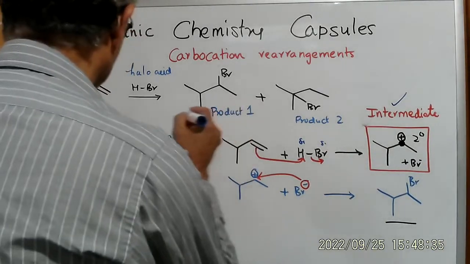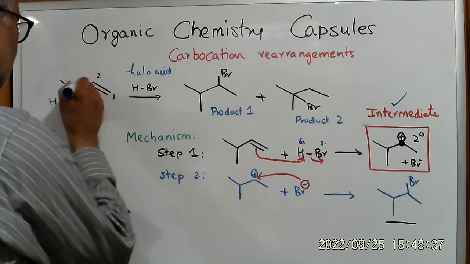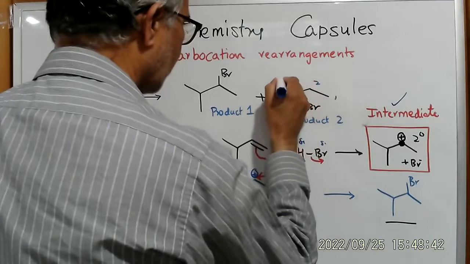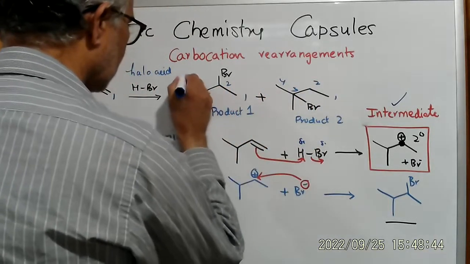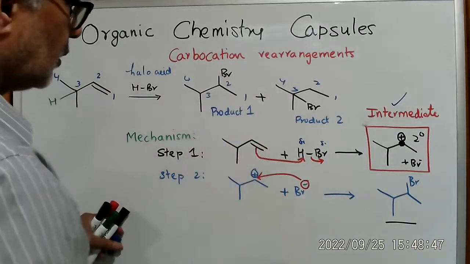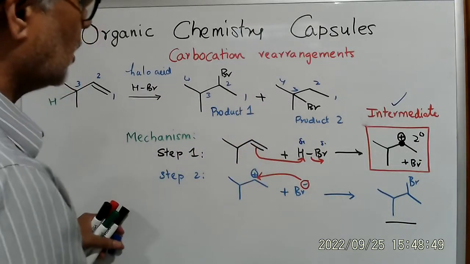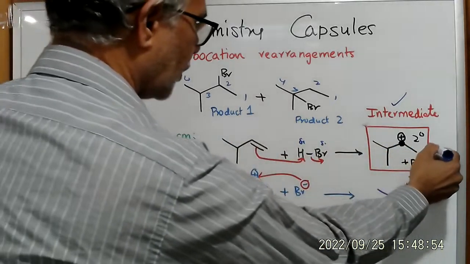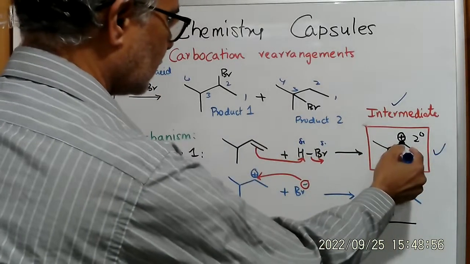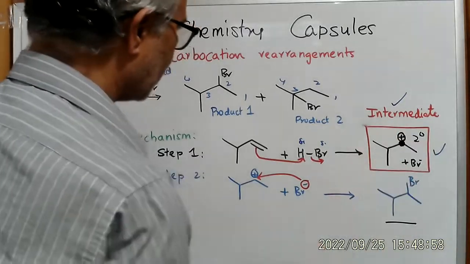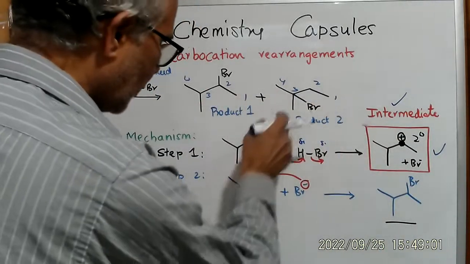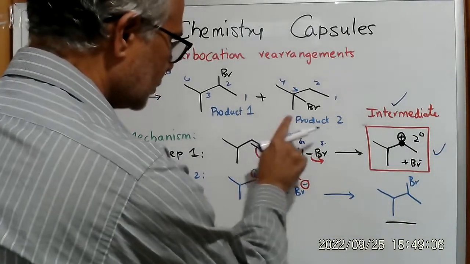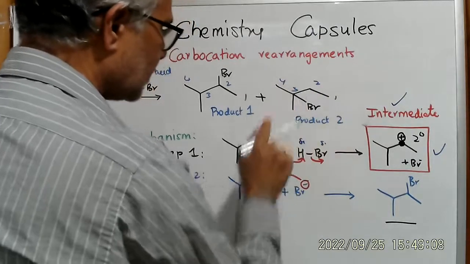If we number the alkyl chain carbon 1, carbon 2, carbon 3, carbon 4, so we can talk about those carbons, the intermediate that formed is on carbon 2, a secondary carbon, which trapped the bromide to form product 1. But to form product 2, the carbocation must be on carbon 3.